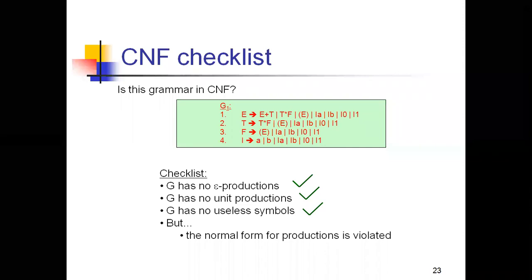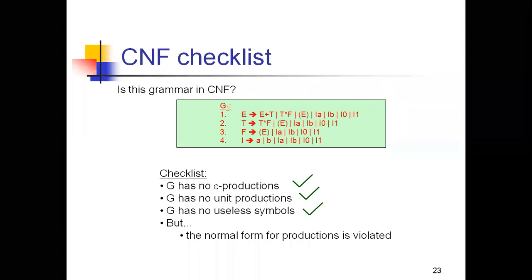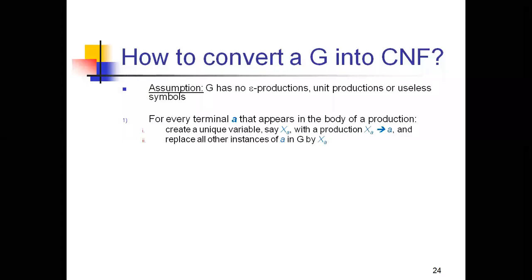It is a checklist, and after taking the input in the form of the context free grammar, you need to do this step number 1, and then go for the conversion from grammar into CNF.